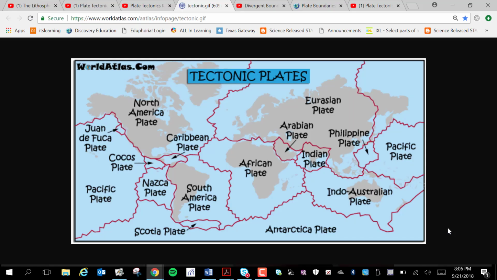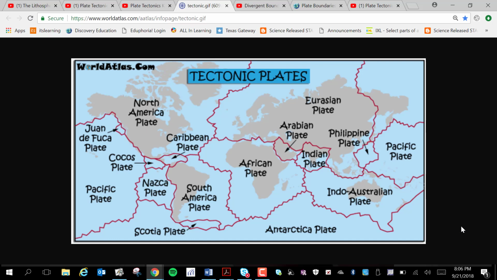Okay, so we have covered the types of movement and what causes our plate tectonics through convection and convection currents. And this is happening so slowly that we can't feel it. Remember, it's happening about as fast as your fingernail is growing.